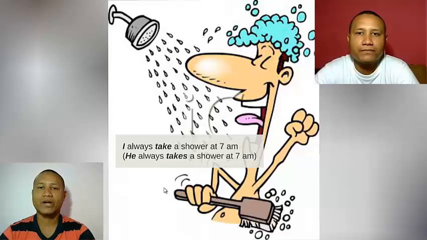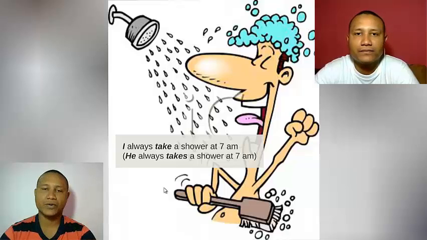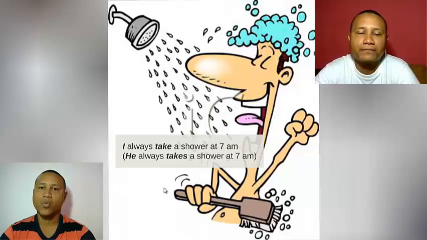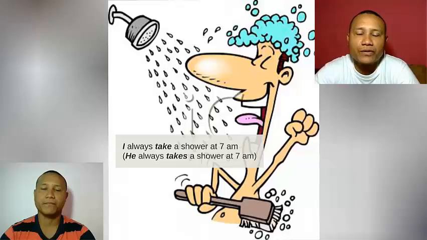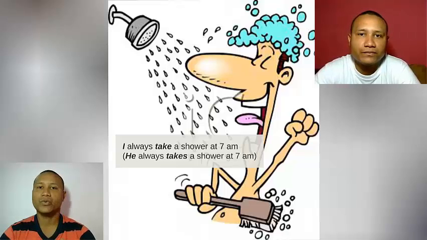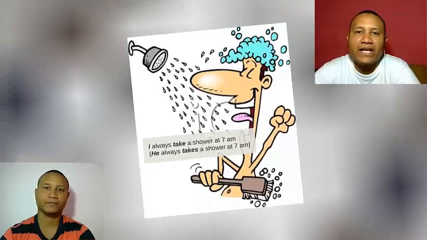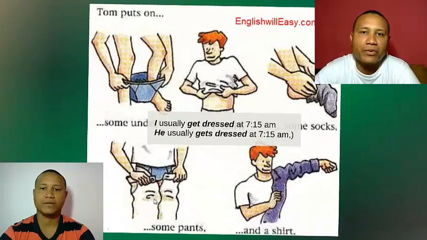Does he take a shower at 9 a.m.? No, he doesn't. What time does he take a shower? He takes a shower at 7 a.m. What does he do at 7 a.m.? He takes a shower. How about you? What time do you take a shower? Well, I usually take a shower at 5:30 or 5:40 or 5:45 in the morning.